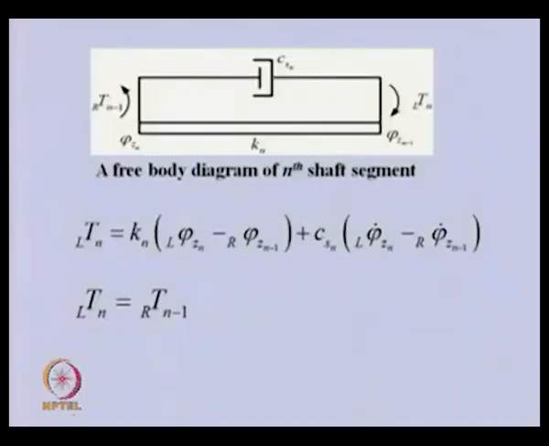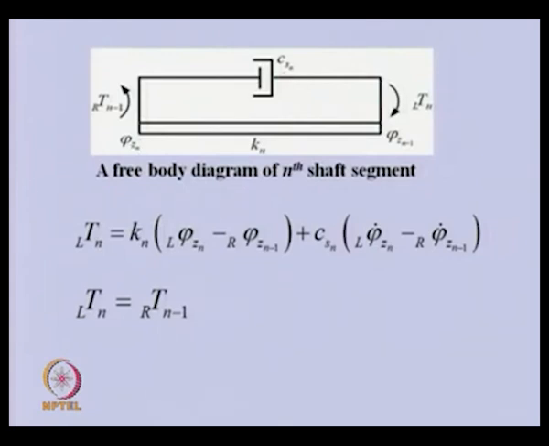So, this is the shaft segment, in which not only does it have the stiffness property, but also the damping. For this particular damping factor, if we multiply with the relative angular velocity of either end of the shaft, we will be getting the damping force.